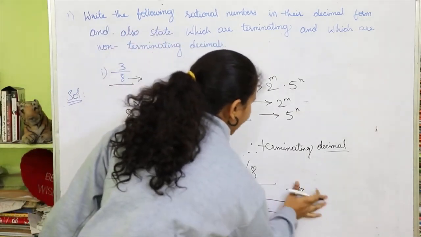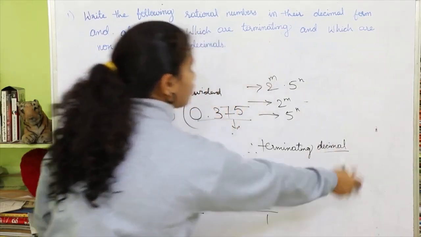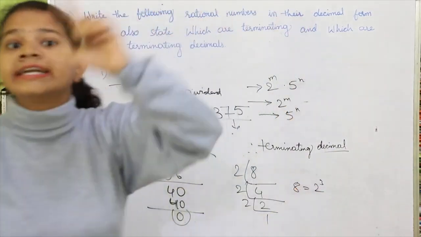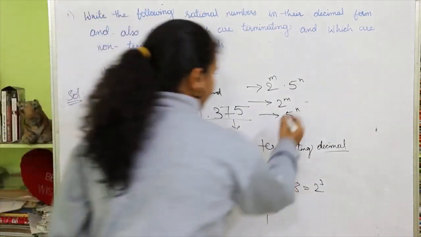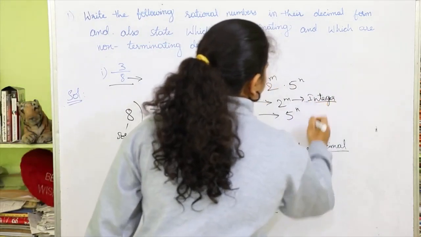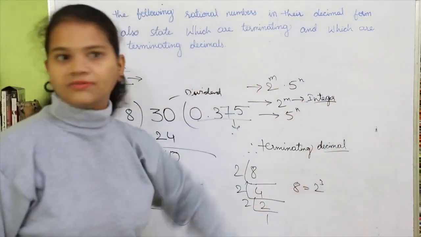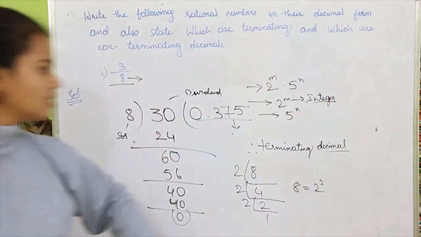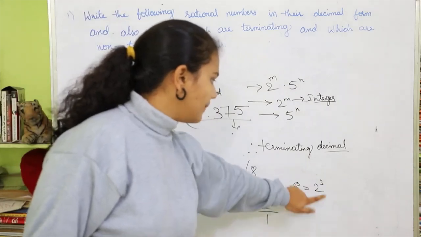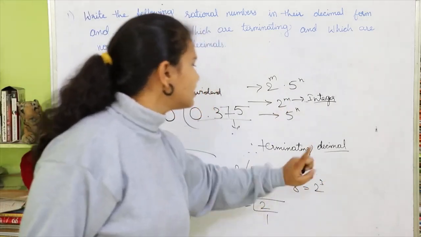So 8 equals 2 cube. 2 cube means it's in the form of 2^m, where m is a positive integer. Here 2^3 is in the form of 2^m. So therefore it's a terminating decimal.